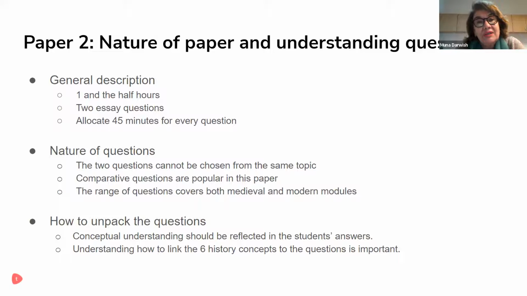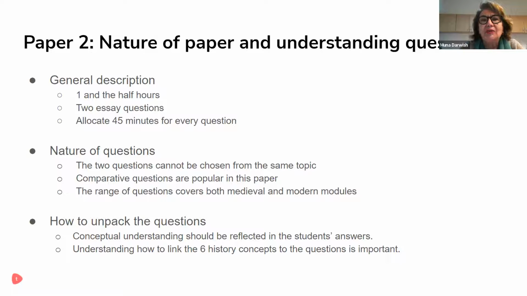This course, this paper necessitates that they do have a conceptual understanding of the topics that they have studied. One major challenge I have every year, and maybe some of you do face it, is that my students persistently confuse the rise with the consolidation and maintenance of power.